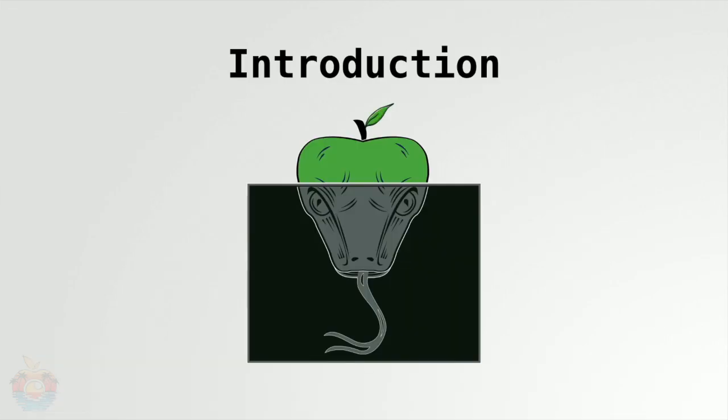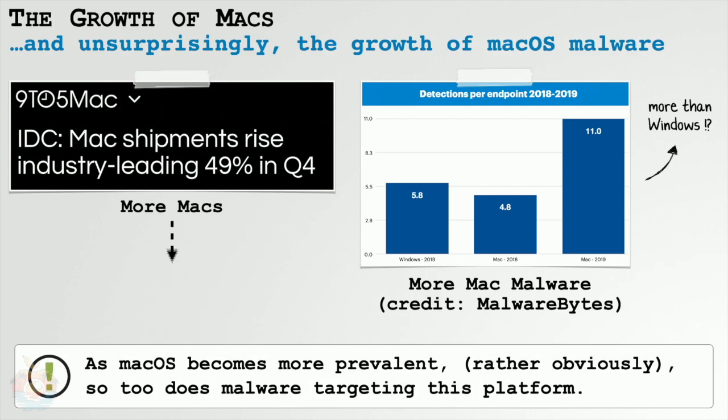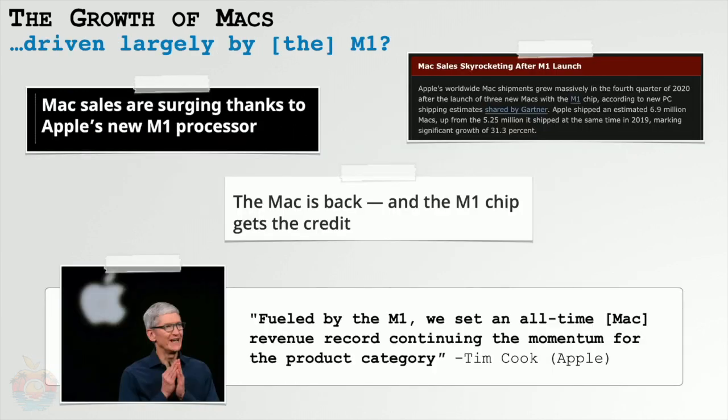So let's start with some introductory topics. First, this is kind of an obvious slide, especially for all of us here. It should be really no surprise that Macs are becoming ever more prevalent, especially in the context of the enterprise. And equally unsurprising, Mac malware is becoming ever more prevalent as well, basically in lockstep with Mac's growth.